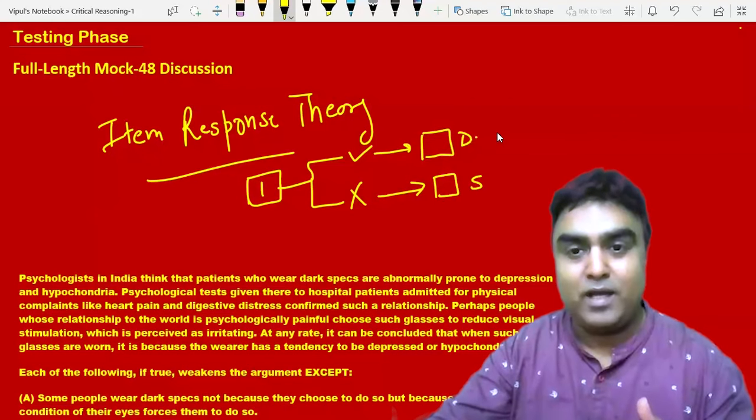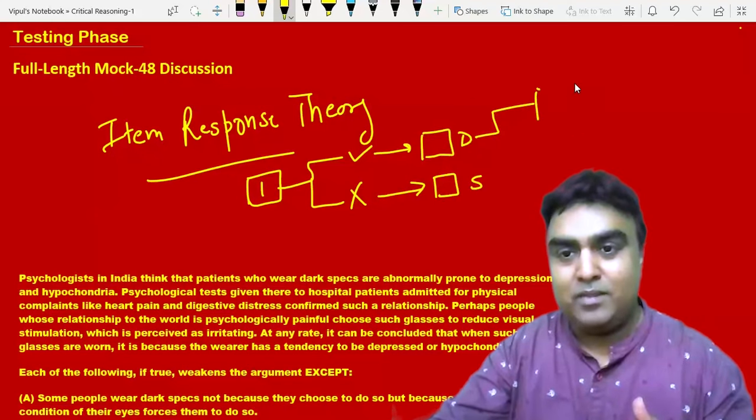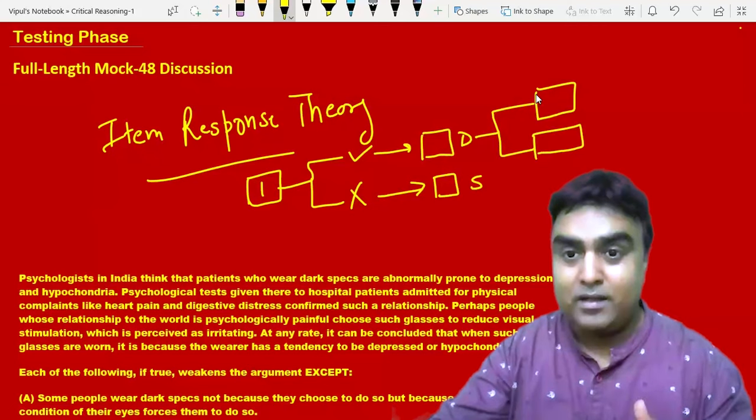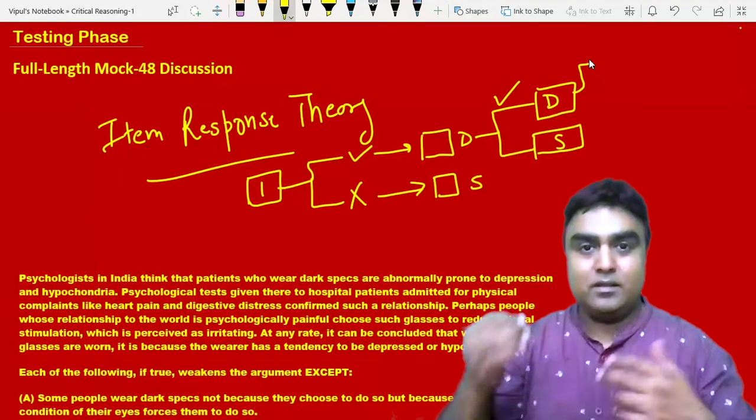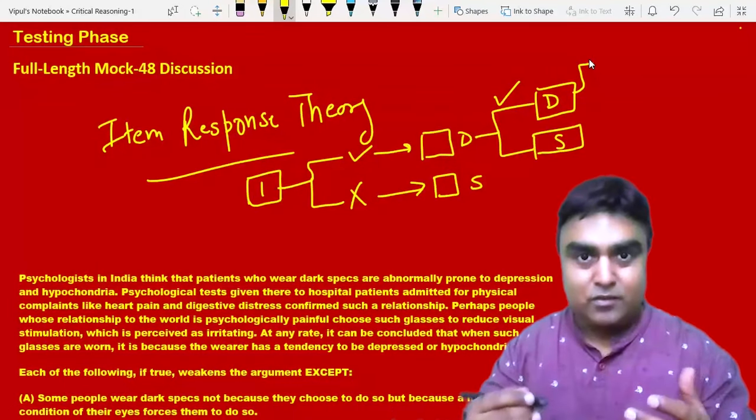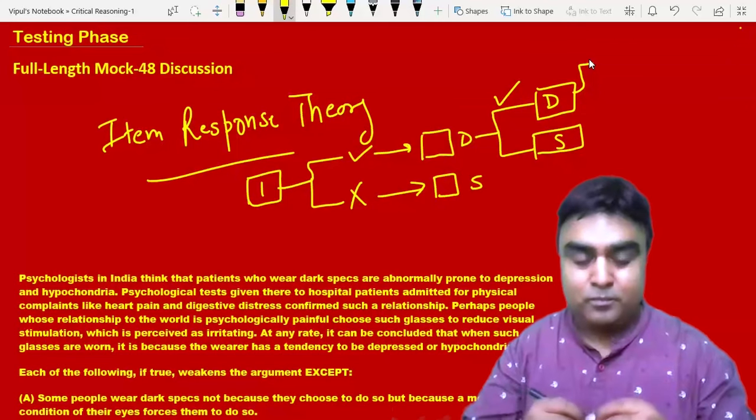Every time this is going to happen. If you mark it correctly, you go to a more difficult question, and if not, you go to a simpler question. In this way, the question set for the test keeps adapting itself.